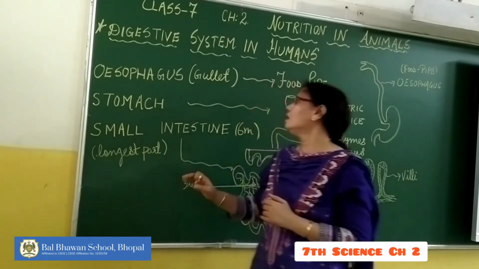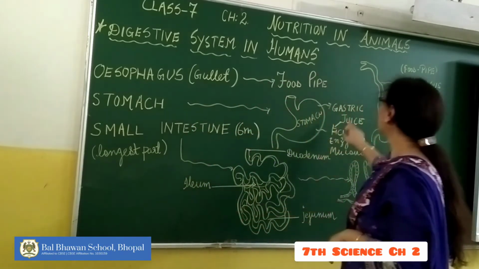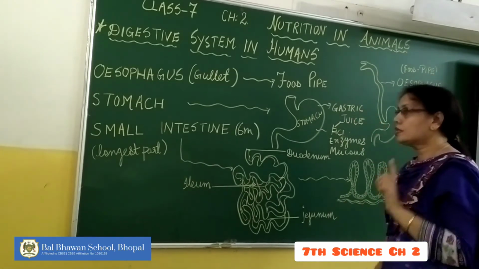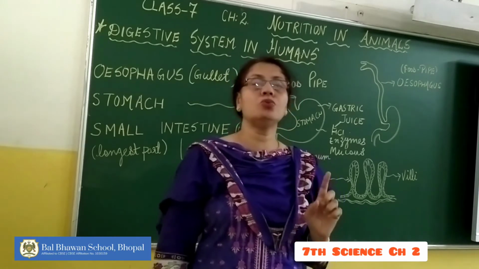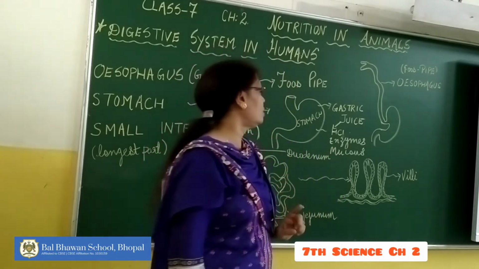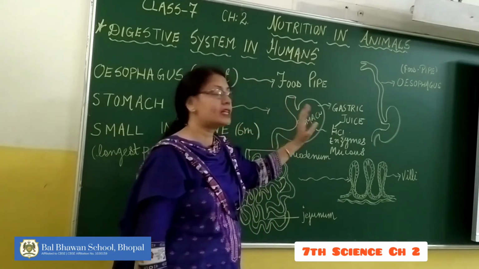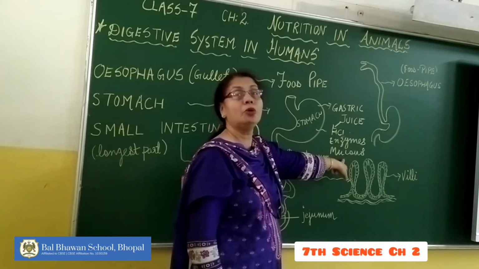After this, the stomach secretes a digestive juice that is called gastric juice. Now this gastric juice has three components and plays a very important role in digestion. The components of gastric juice are HCl, enzymes and mucus.